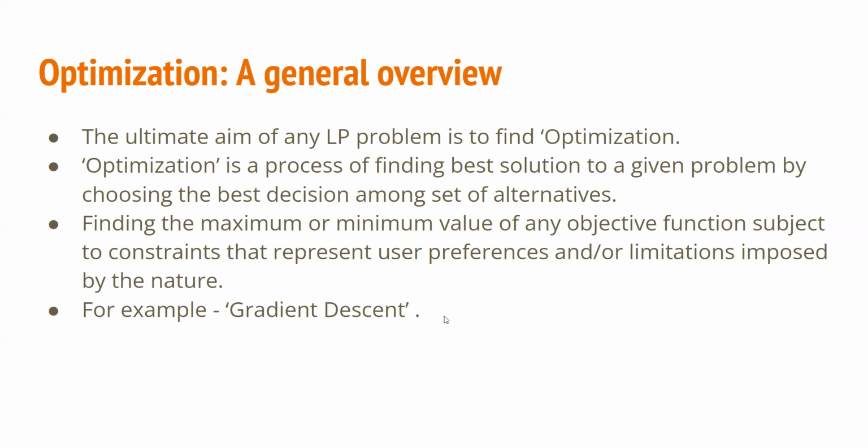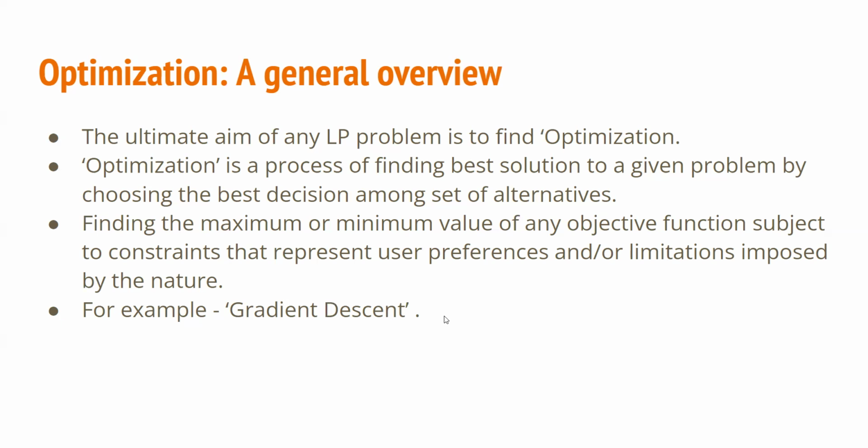So most of the time we will try to find the maximum or minimum value of the objective function subject to the given constraints. And these constraints are nothing but the user preferences or any kind of restrictions which are naturally imposed.